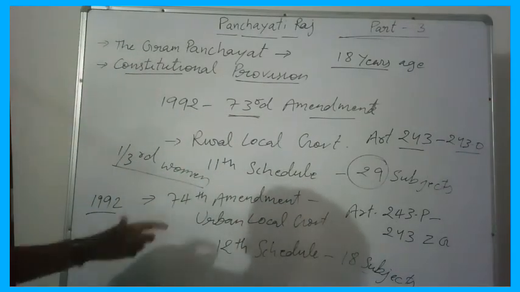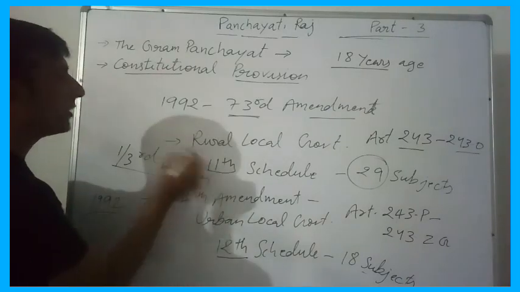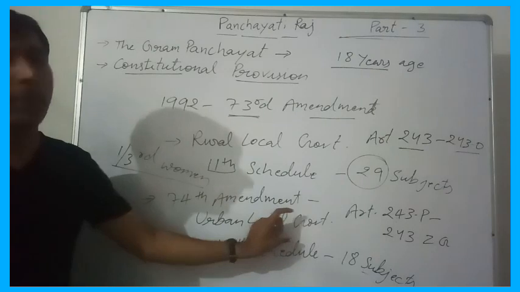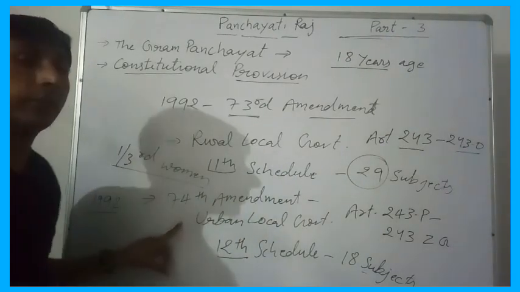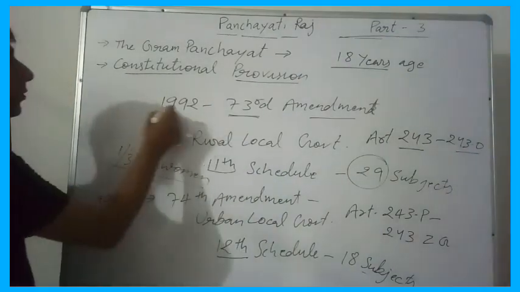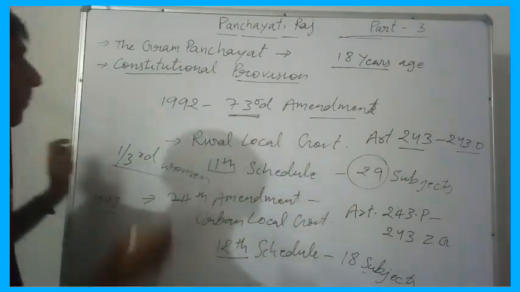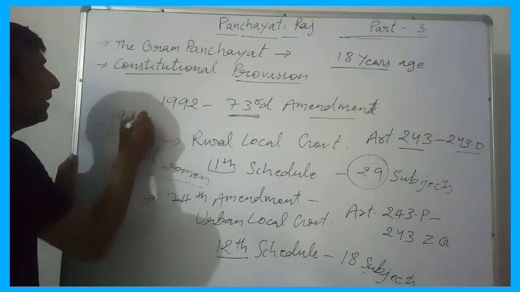So in this way we have discussed the 12th schedule and the 11th schedule. This was the Rural Local Government Act and Urban Local Government Act, 73rd Amendment Act, 74th Amendment. Although both of these amendment acts were passed in 1992, they were implemented in 1993.